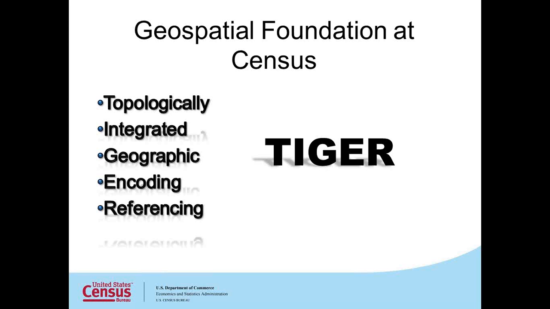So Tiger has its origins way back in the 80s through a cooperative effort with USGS, and here's my little plug that I've been giving ever since that time. Tiger was the very first national GIS in existence, not only in this country but in the world. It's still one of the largest seamless GIS databases in the world.